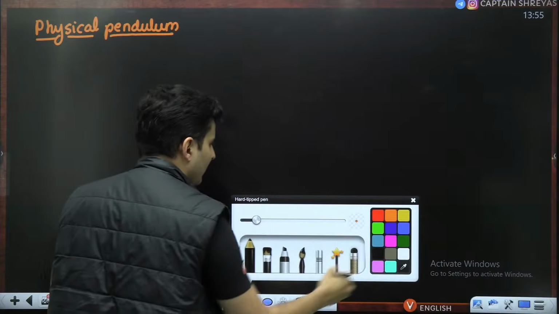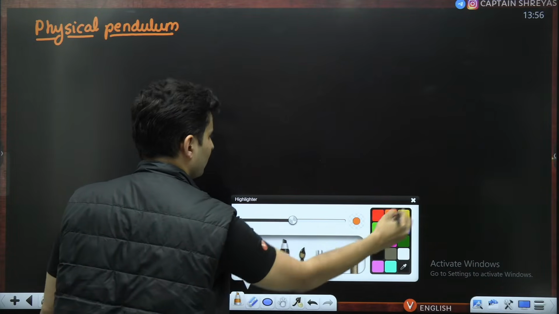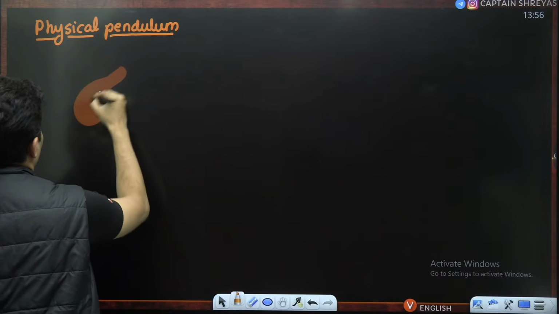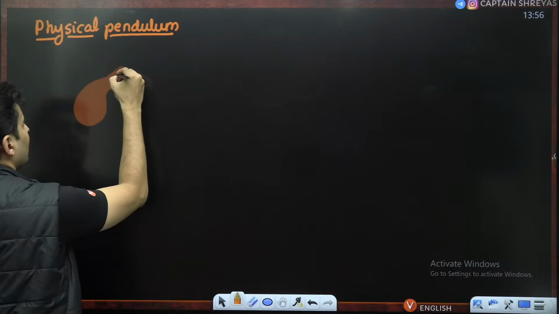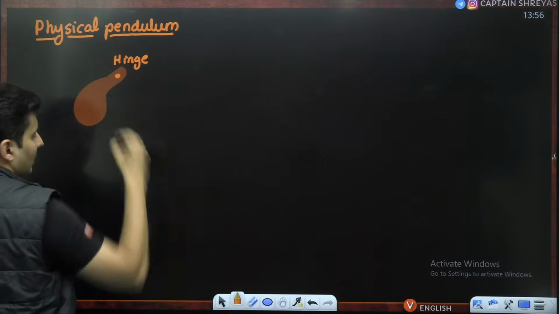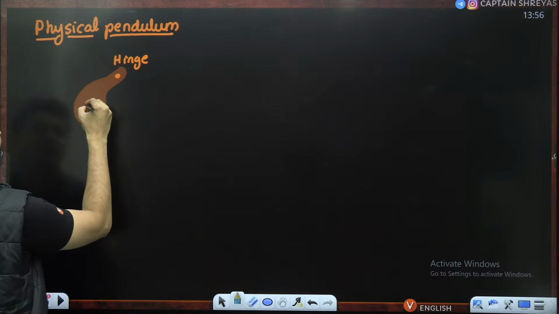In case of a physical pendulum, you might have a body like this, and it is hinged maybe over here. This is the hinge point. The center of mass of the entire body might be here.